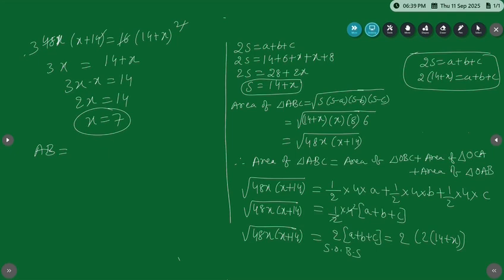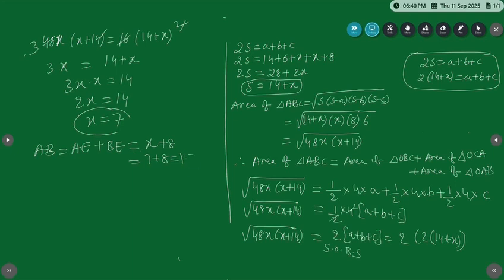AB is AE plus BE. AE means X, plus BE means 8. The X value is 7, so 7 plus 8, we get the value 15.